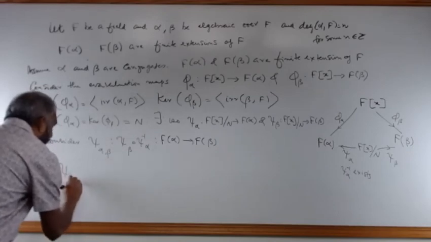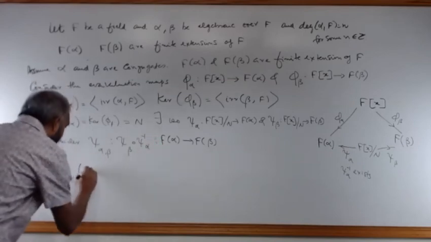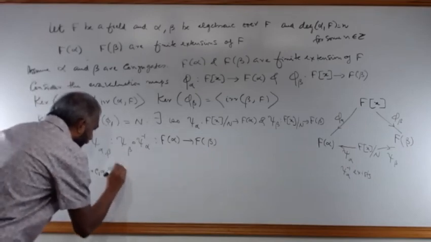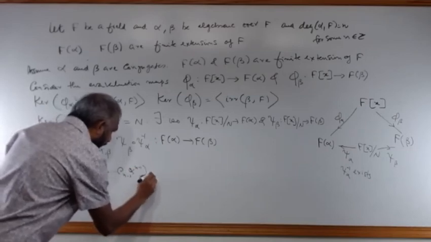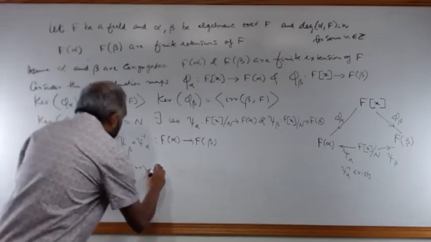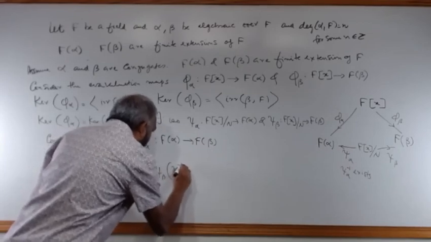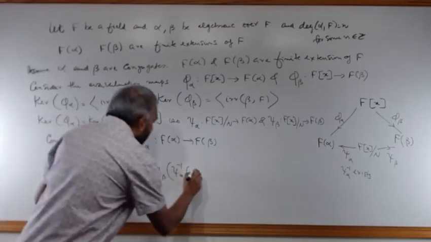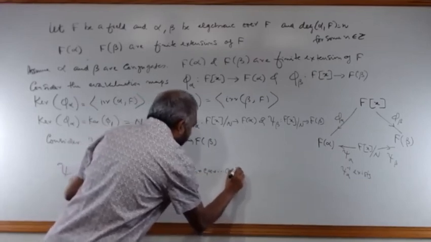Psi of alpha beta of an element of f of alpha, c0 plus c1 alpha plus dash dash cn minus 1 alpha to the power of n minus 1, is equal to psi of beta of psi alpha inverse of c0 plus c1 alpha plus dash dash cn minus 1 alpha to the power of n minus 1.